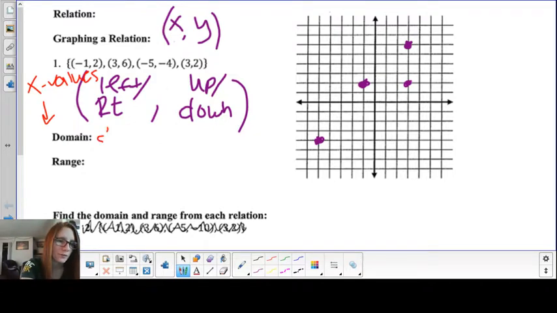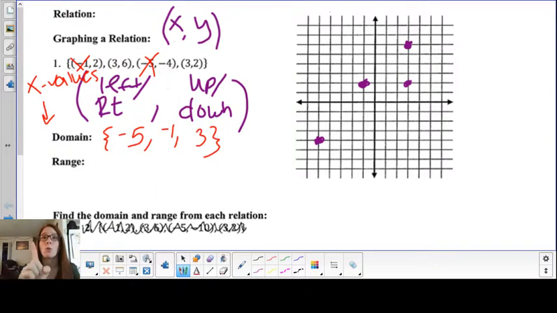If I repeat any of them, I don't write them a second time. I only write them once. So I see I have -1, 3, -5, and 3. Well, -5 is my smallest, so I'm going to write that first. Next comes -1. And then lastly 3. Now if you notice, I use 3 twice, but I'm only going to write it once.